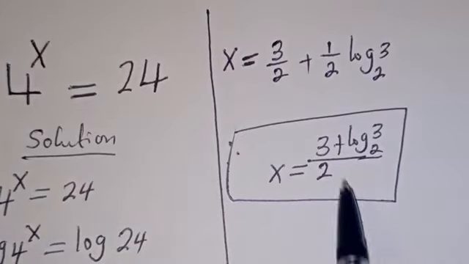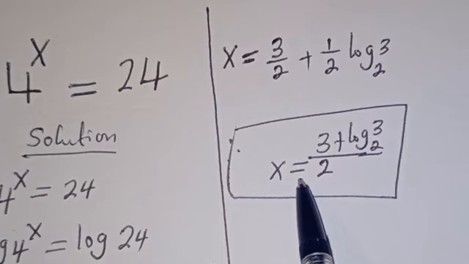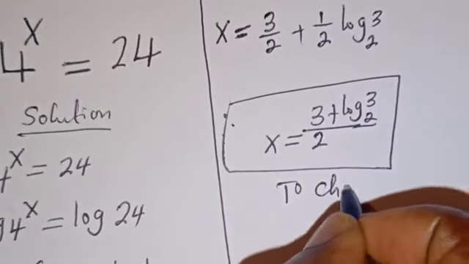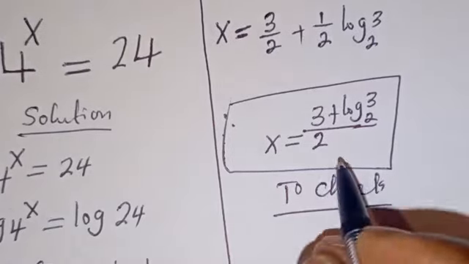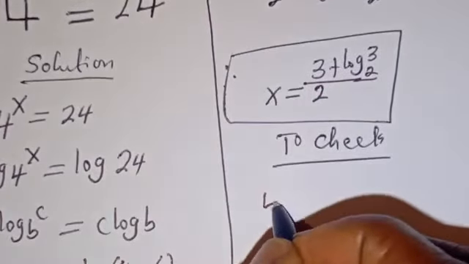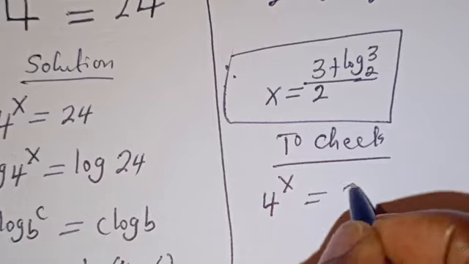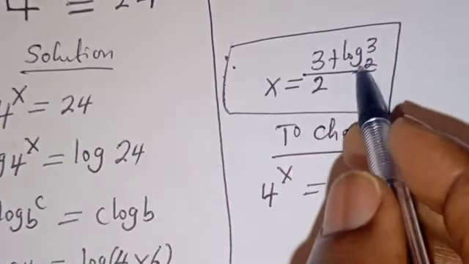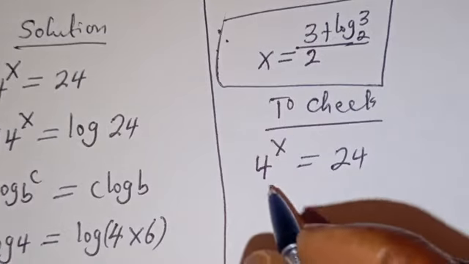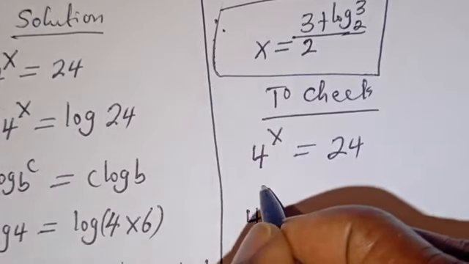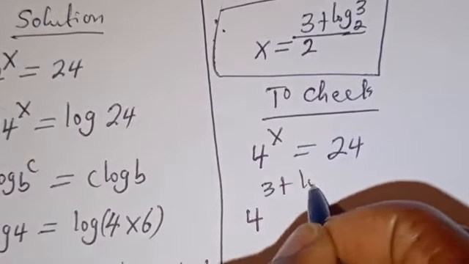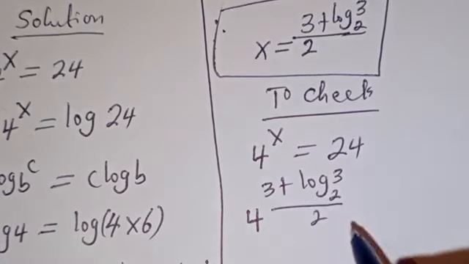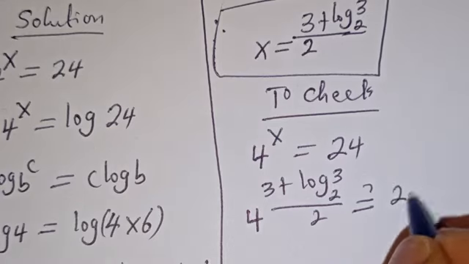We can check to confirm if this answer is right or wrong. Let's check. To check, we have 4 to the power of x is equal to 24. Now when x is 3 plus log 3 base 2 divided by 2, we have 4 to the power of 3 plus log 3 base 2 divided by 2 must be equal to 24.